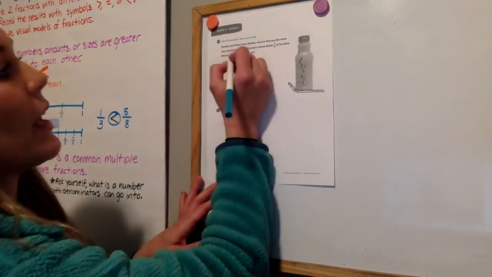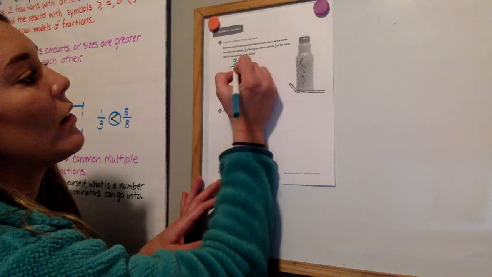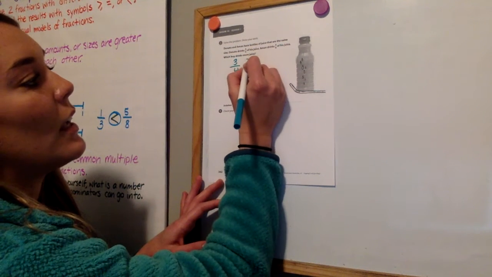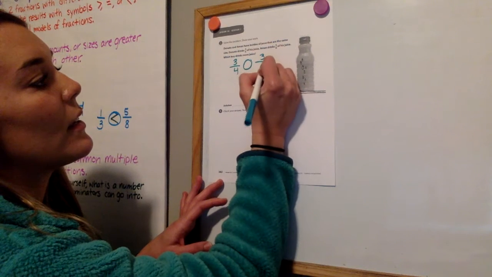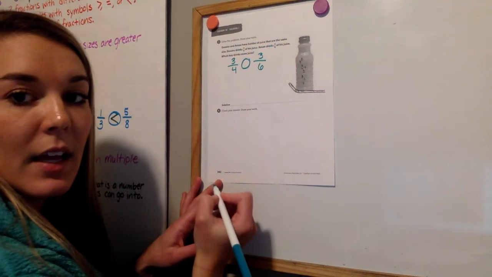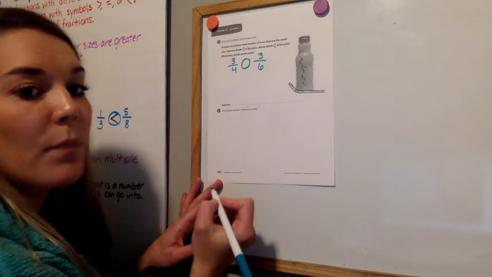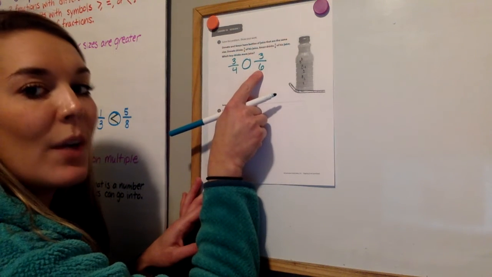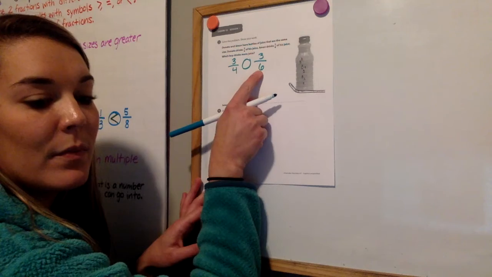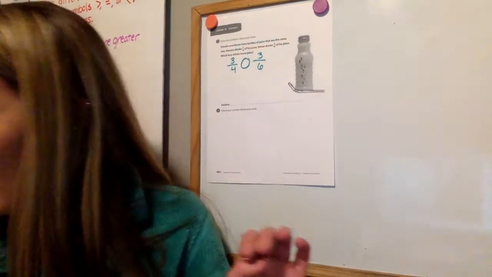So I'm going to set it up like 3/4 is going to be what to 3/6, okay? So I need to figure out what number 4 and 6 can go into. I can use my chart.